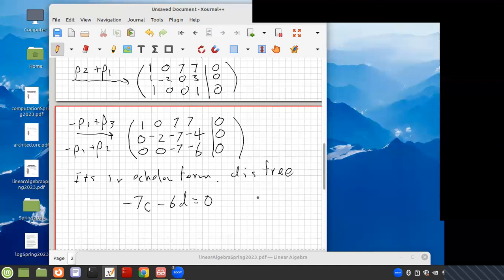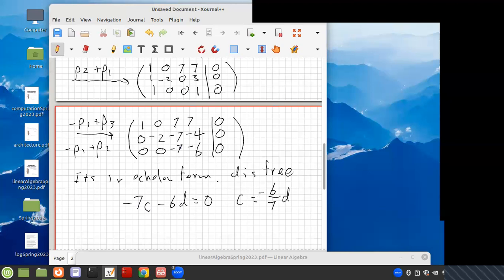I bring this to the other side, divide by minus 7. I think I'm going to get C equals minus 6/7 times D, because if I put that back in here, the 7's cancel, the minuses cancel. I have just 6D minus 6D is 0.